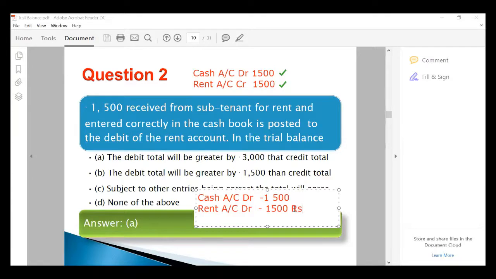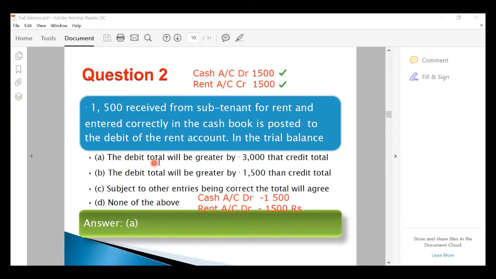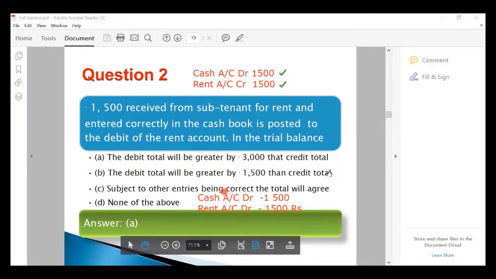The total debit is 3000 rupees. So that is the reason the answer is the total debit will be greater by 3000 than the credit total. The trial balance debit side will be 3000 rupees more than the credit side.